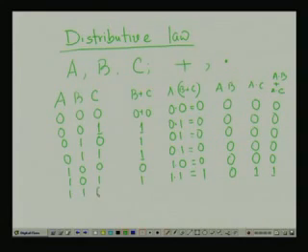So, 1, 1, 0: again B plus C is 1, A dot B plus C is 1, A dot B is 1, A dot C is 0, this is 1. Last term is 1, 1, 1. So, this is again B plus C 1, A dot B plus C 1, then A dot B is 1, A dot C is 1, 1 plus 1 is 1.